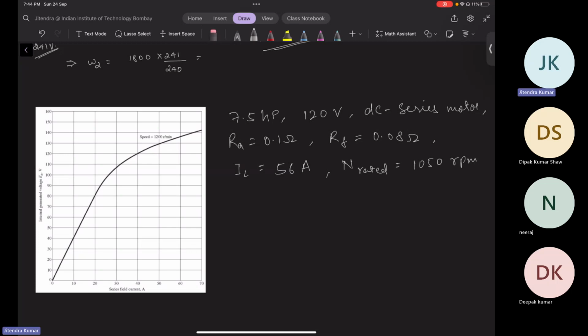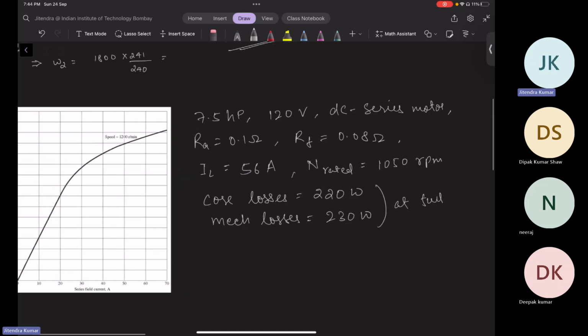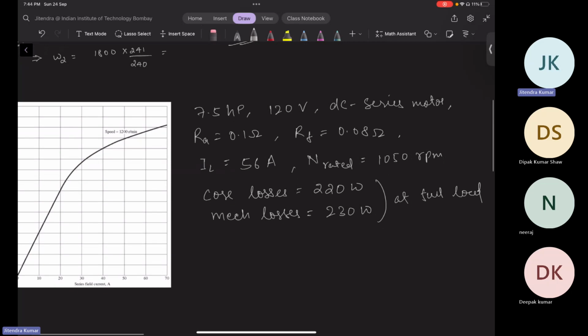The magnetization curve is already shown. Core losses are 220 watt and mechanical losses are 230 watt, and they are at full load. However, they are speed dependent, but in the question this data is given at full load.